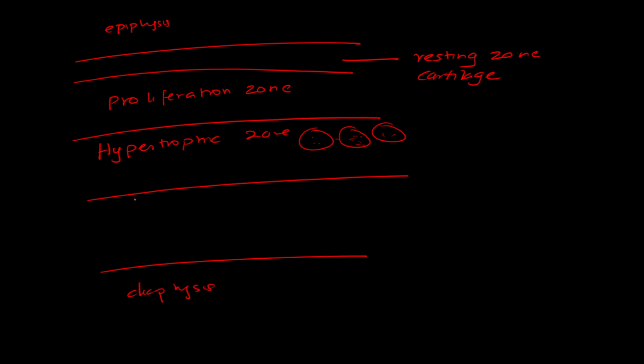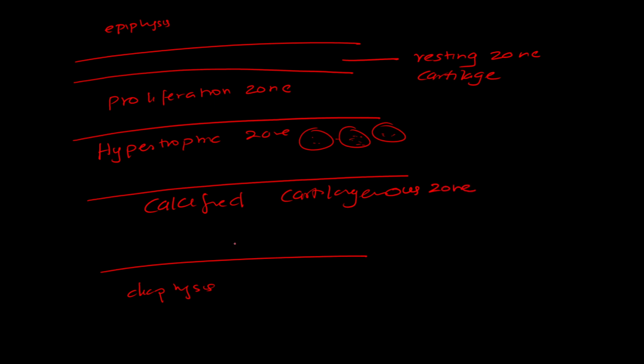Now this is known as the calcified cartilaginous zone. So what you would see is that the hypertrophic zone, composed of swollen chondrocytes, is now becoming calcified. The chondrocytes are actually lost, and you would see the formation of bone, the calcified cartilaginous zone, right?